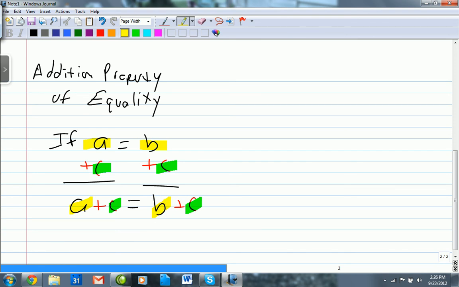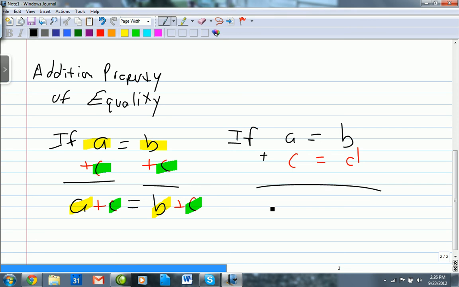That also works a little differently. Here's a different look. What if A equals B? And what if C equals D? Well, what we can deduce by the addition property of equality is A plus C has to be equal to B plus D. That's a little different from the last example, where we're adding the same C to both sides by the reflexive property.